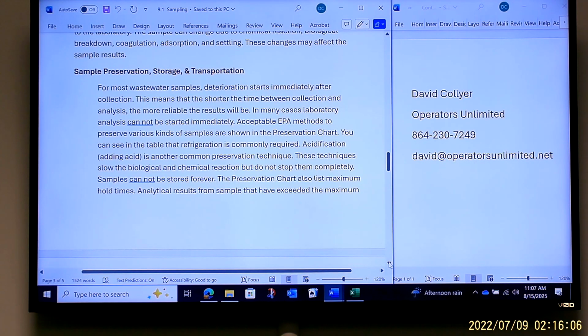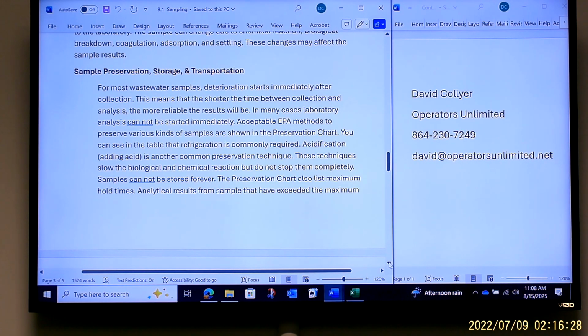Sample preservation, storage, and transportation. For most wastewater samples, deterioration starts immediately after collection. This means that the shorter the time between collection and analysis, the more reliable the results will be.